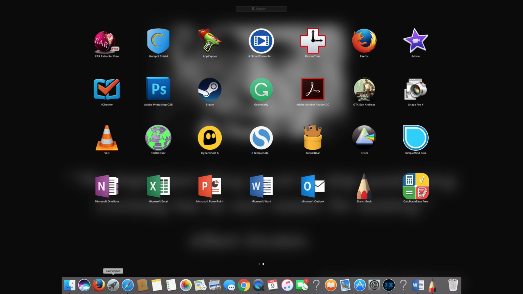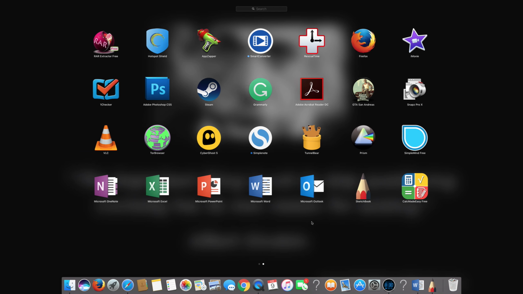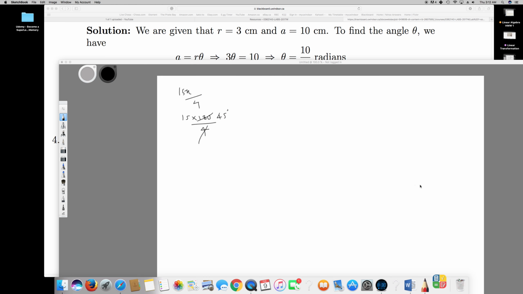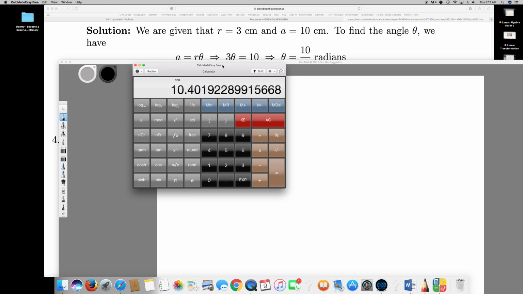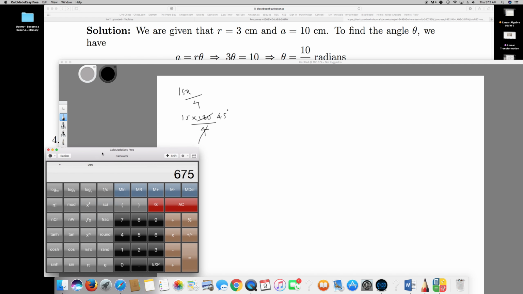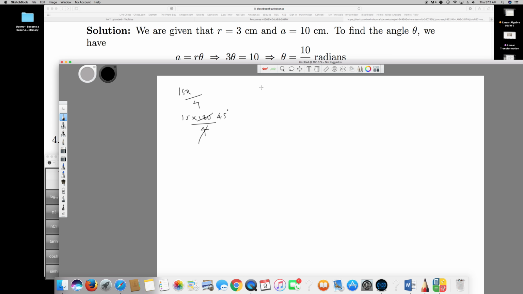So let's see what happens. 45 times 15 is equal to 675.